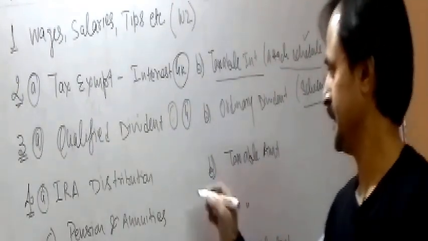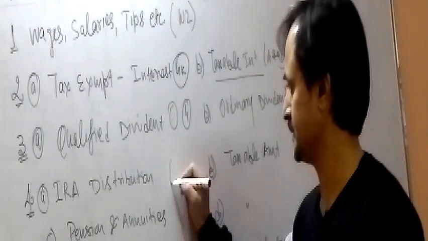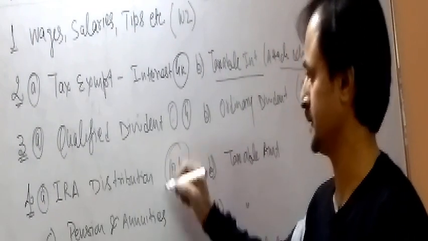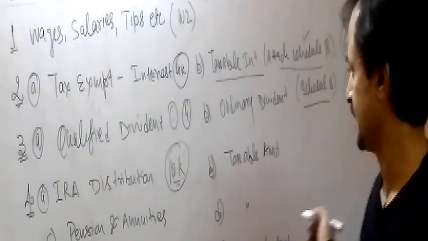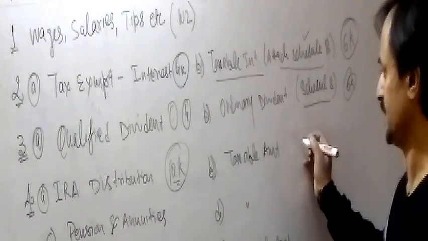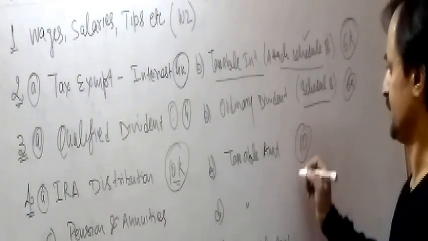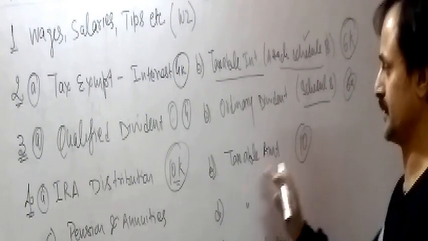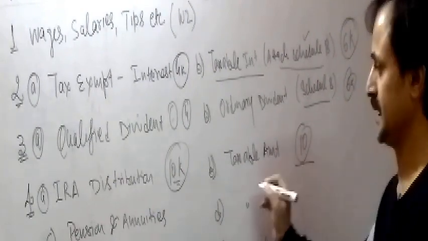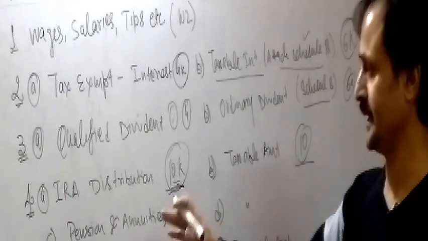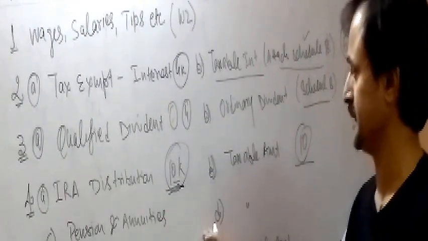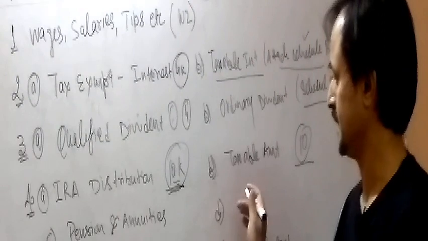Maybe out of 20,000, 10,000 is exempt from taxes, and the rest of the 10,000, whatever amount is taxable, will be written on the right side in section B, and whatever amount is non-taxable will be written in A. That is for pensions and annuities as well, like numbers C and D.